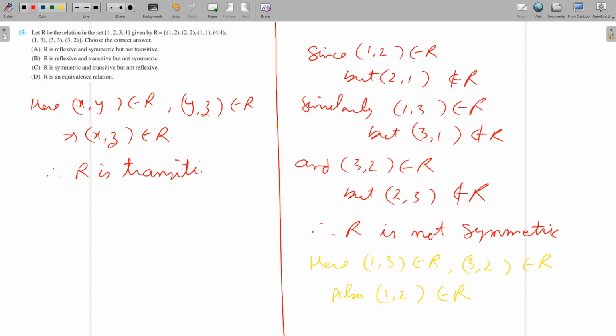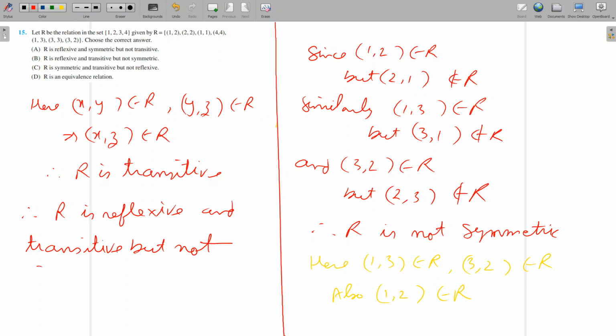So what we have got: R is reflexive and transitive, but not symmetric.